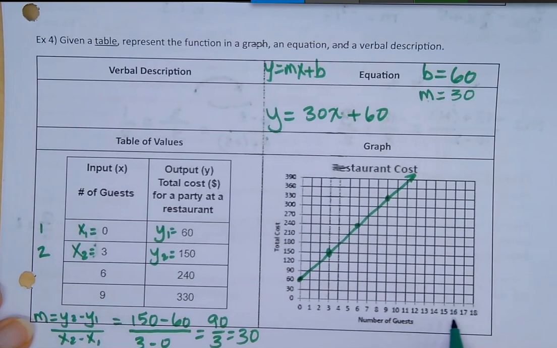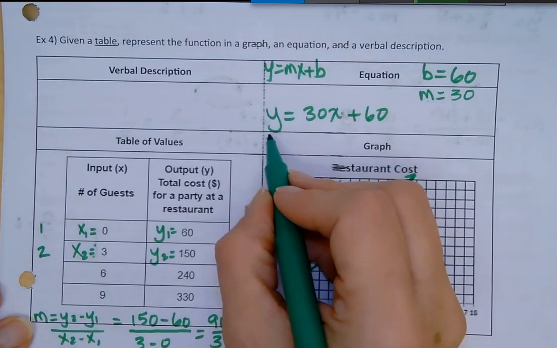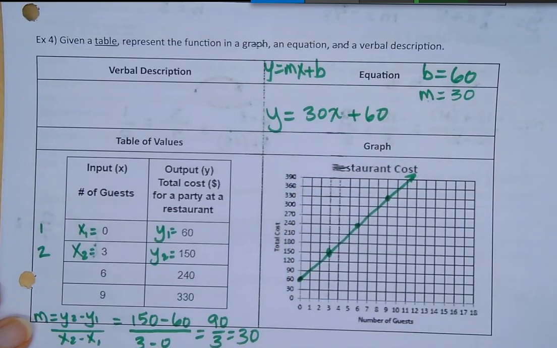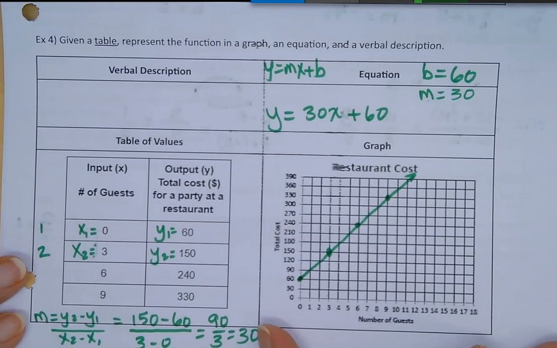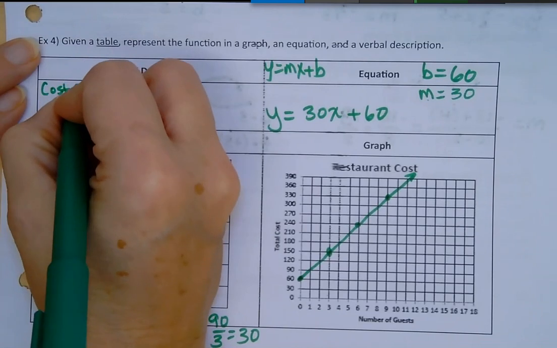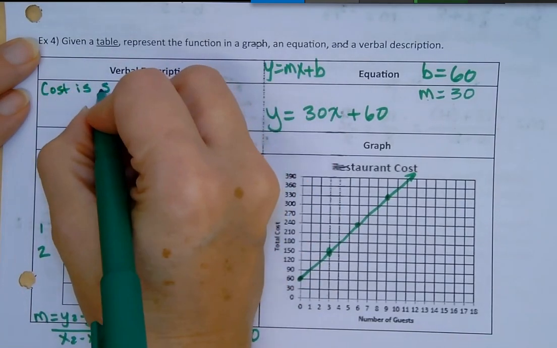Look at this, x is the number of guests. So the cost is going to be $30 times the number of guests I have, plus a flat rate of $60 just to be able to use that room. So wording-wise, I might say, to host a party at a local restaurant, you must pay $60 to rent it, and then $30 per guest for the food. So cost is $30 per guest, plus $60 to rent the room.